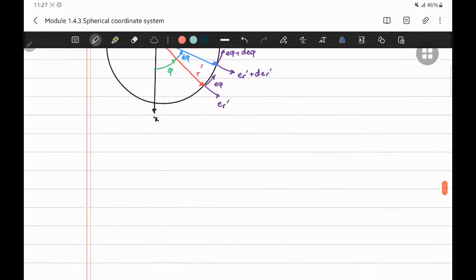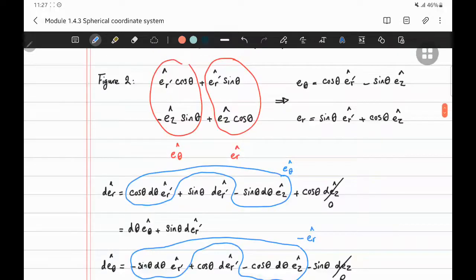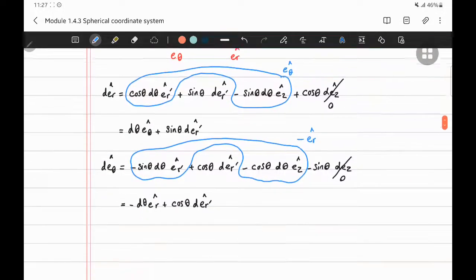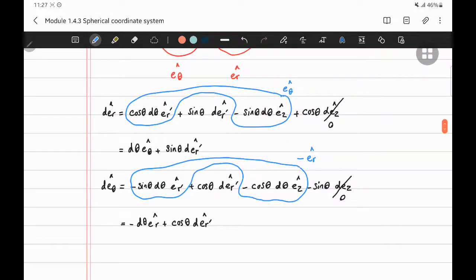So I can write, maybe with another color, d er is equal to d theta e theta from here. This is the er. This is what we had here, d theta e theta plus sine theta d er prime.